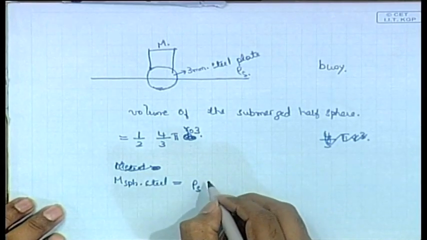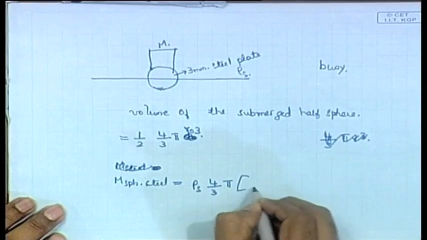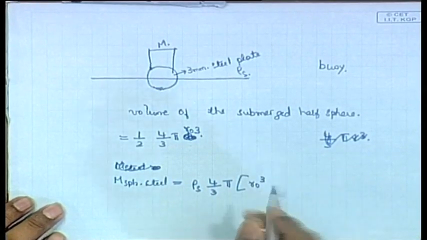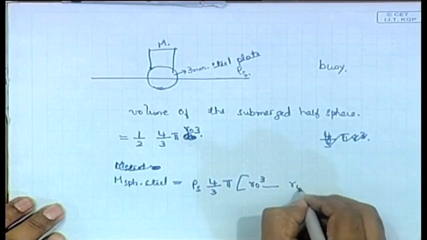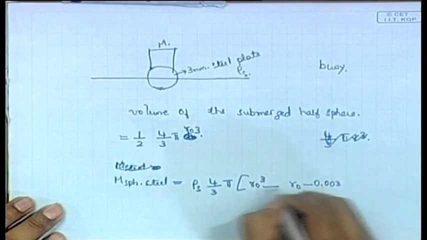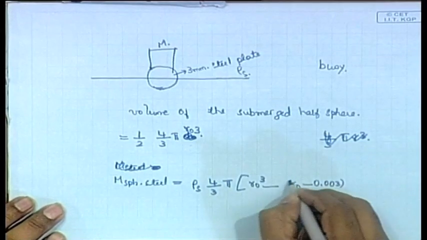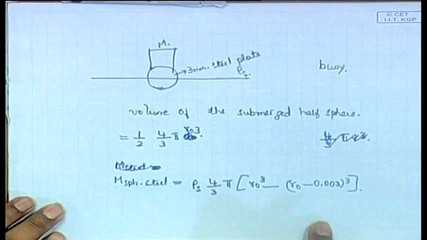So, rho of steel into 4 by 3 pi into r0 cube, the total volume, minus r0 minus 0.003, it is actually 3 millimeter, the other one is all in meters, the whole cube. This is the mass of the steel.